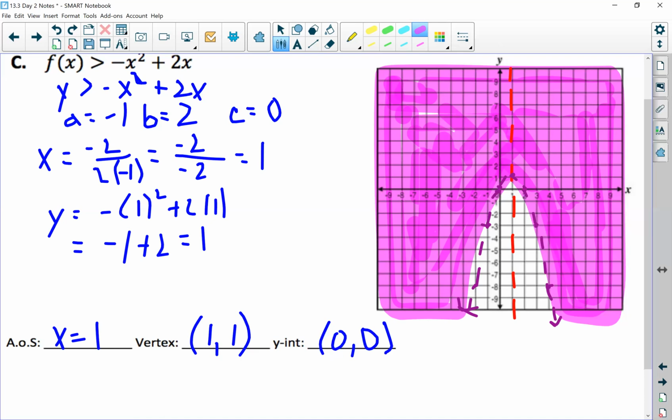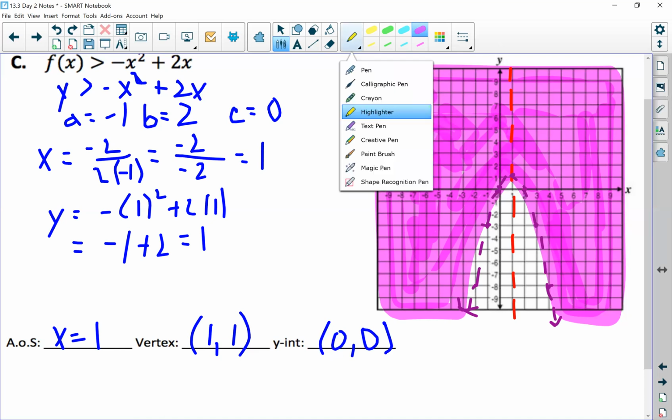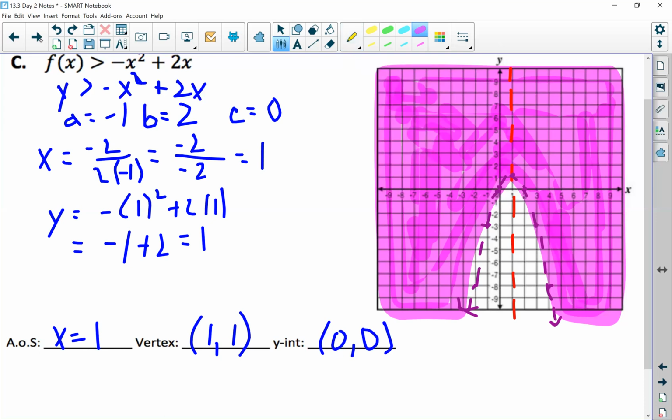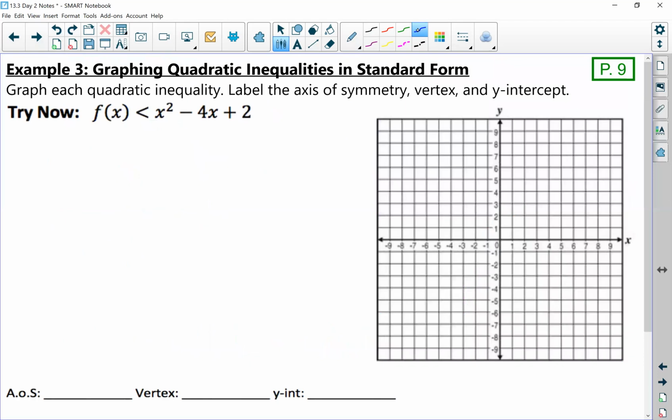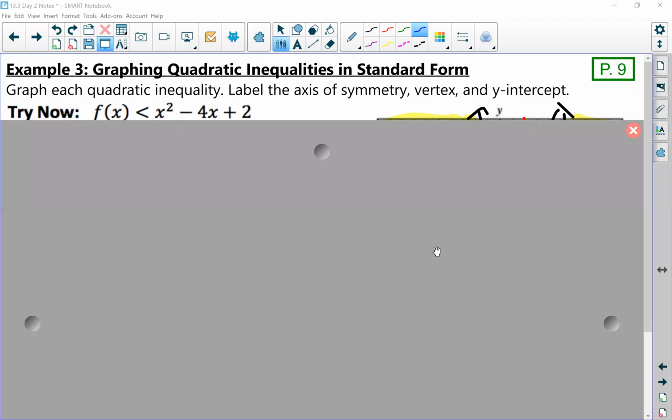And if you're watching this video, go ahead and pause. So, what is our y-intercept? (0, 2).